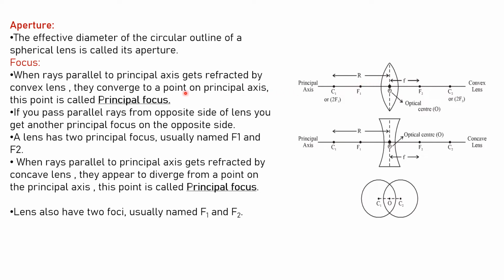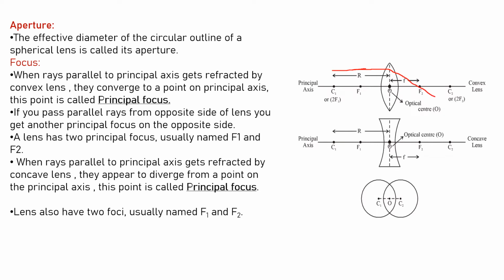So let's take the first case, the convex lens. When rays parallel to the principal axis get refracted by the convex lens, they converge to a point on the principal axis. We have seen this in the last diagram. If I make some rays pass, coming out from the object parallel to the principal axis, they converge at the focus.